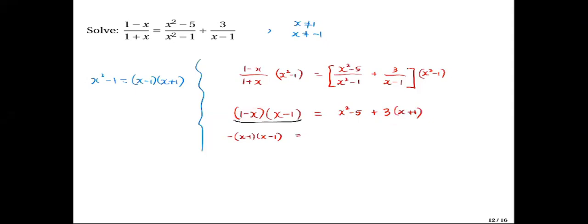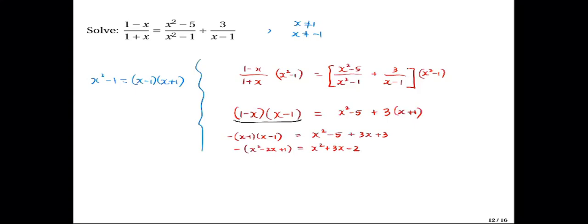So on the right-hand side, we copy that x squared minus 5 and then distribute 3. So we have 3x plus 3. Then let's just continue solving. Okay, we multiply x minus 1, x minus 1. So we have negative quantity of x squared minus 2x plus 1. On the right-hand side, let's simplify this into x squared plus 3x minus 2.